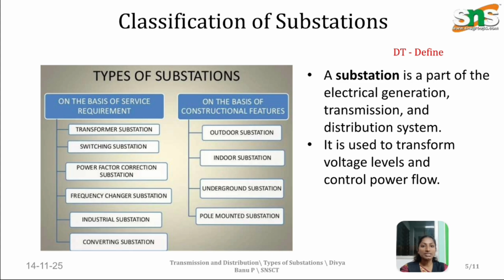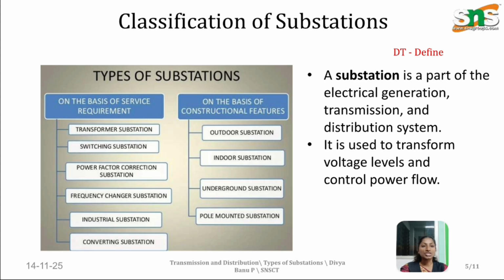On service requirements, it is of different types like transformer substation, switching substation, power factor correction substation, frequency changer substation, industrial and converting substations. Whereas on the basis of constructional features, it is outdoor, indoor, underground and pole mounted.